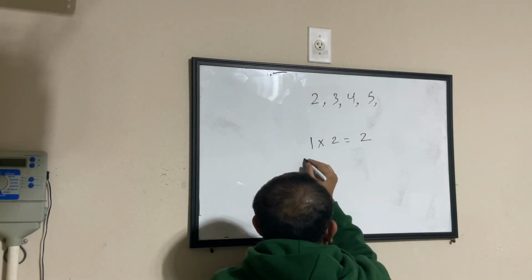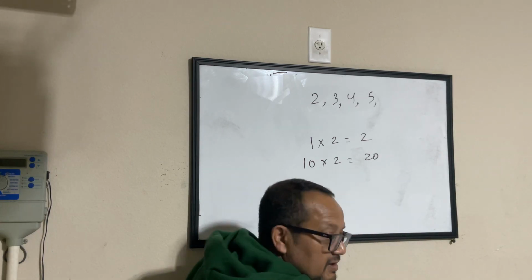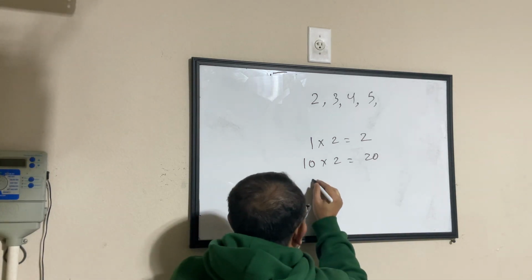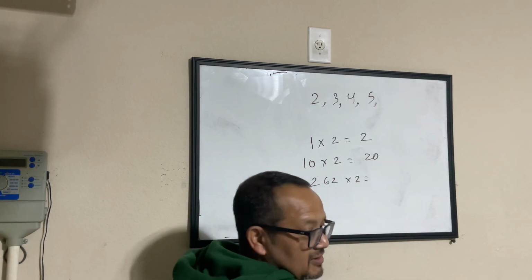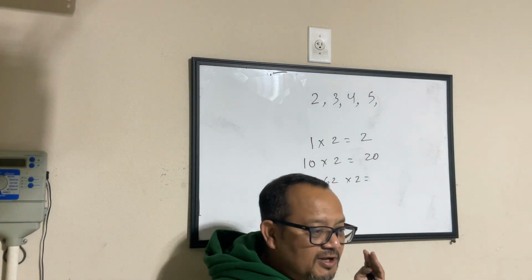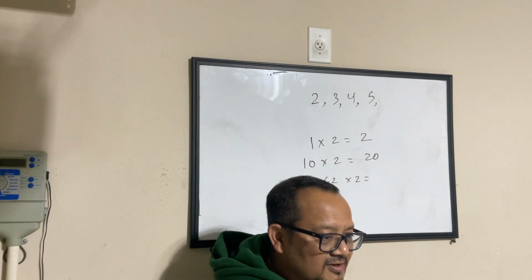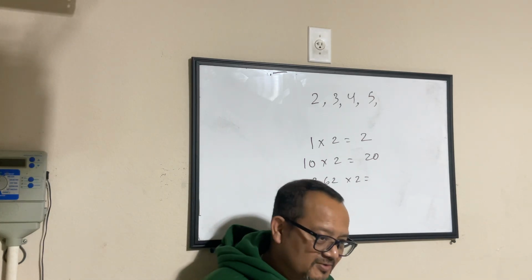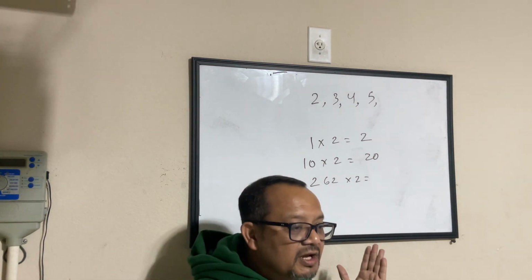If I say 10 into 2, everybody knows 20. If I say 262 into 2, now what? You'll multiply 262 plus 260. 524. Yeah. So again, multiplying something by 2 is easy.